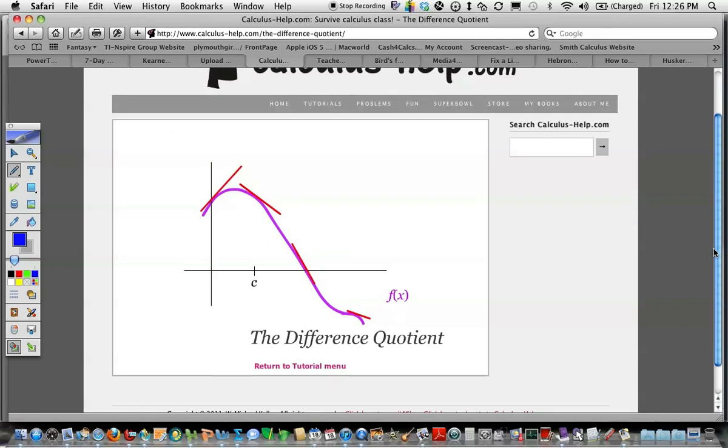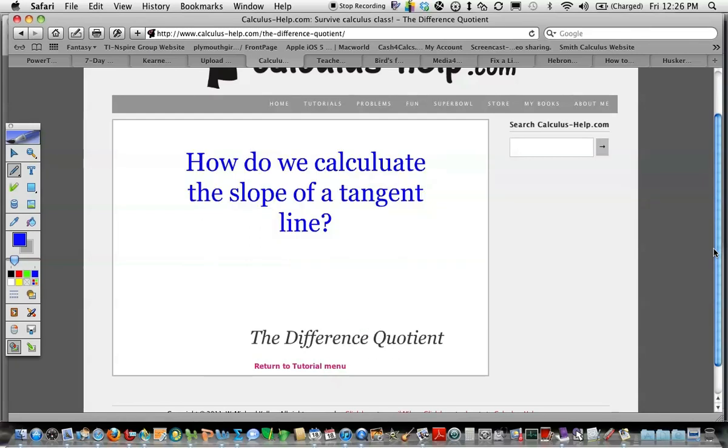Now, a function can have all sorts of different derivatives because, as you progress along a function, you can have all sorts of different tangent lines. Watch as the dot, which represents the x value, travels along the function, and how the tangent line changes as the dot moves. We need to figure out a way to determine exactly what the slope of that tangent line is, and we do that using something called the difference quotient.